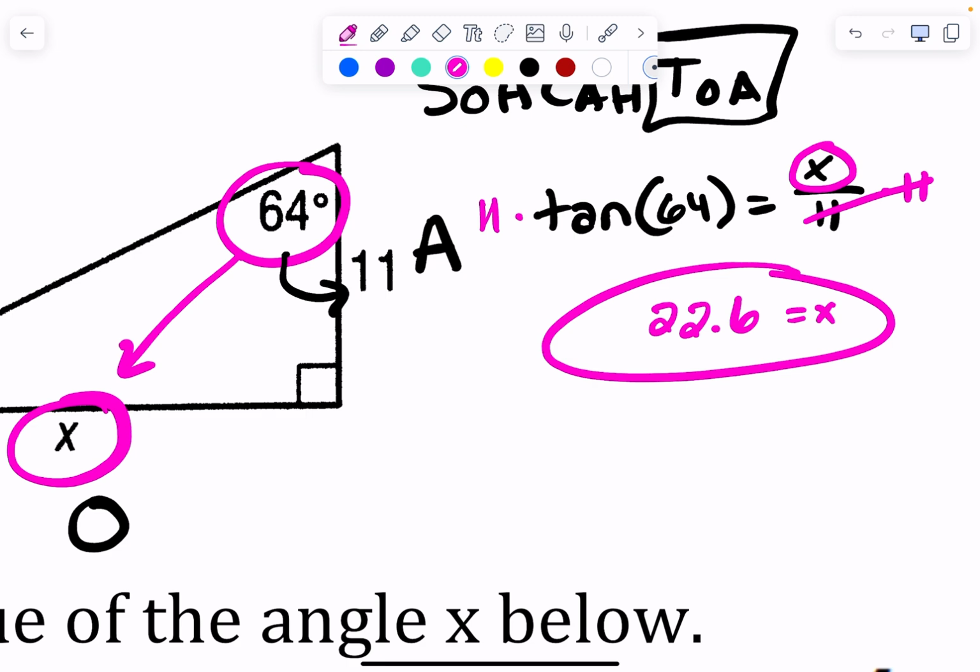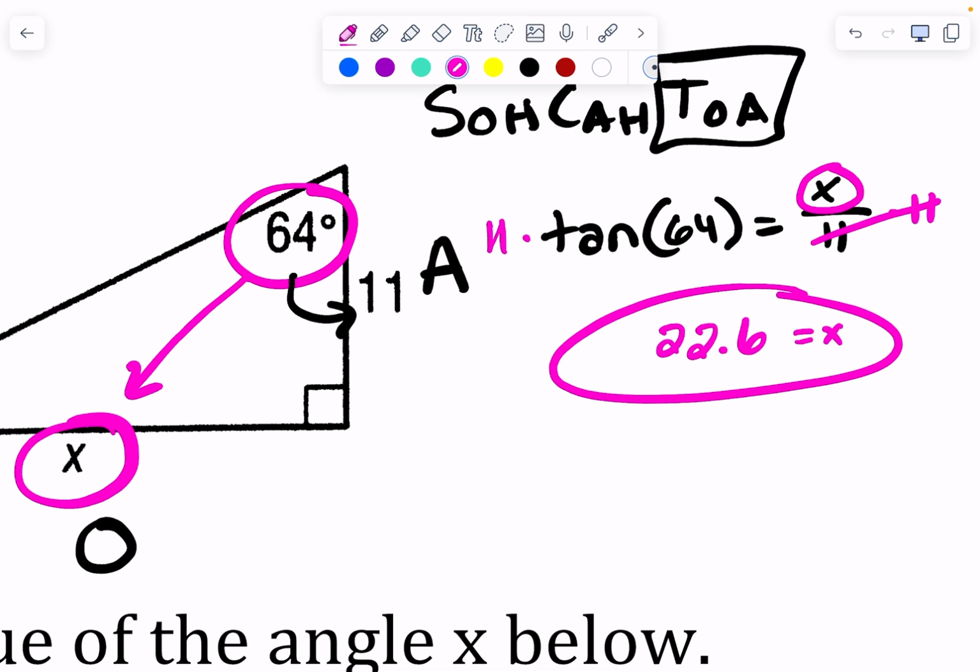Hold up. Okay. So we do 11 tangent of 64. I got a negative number.